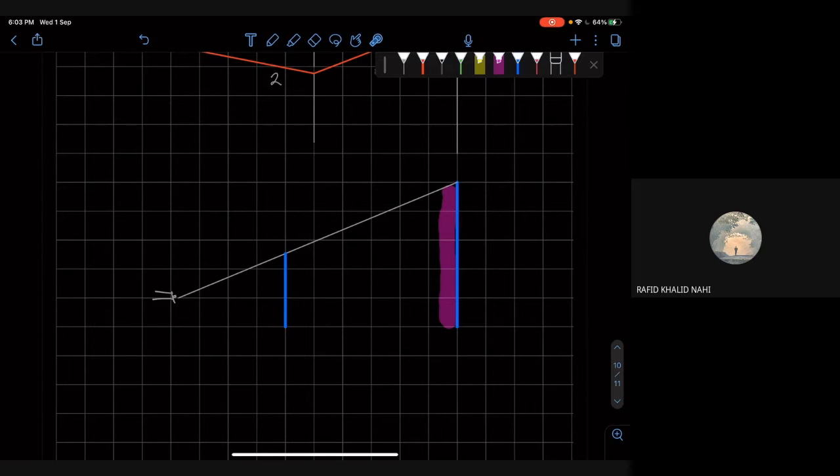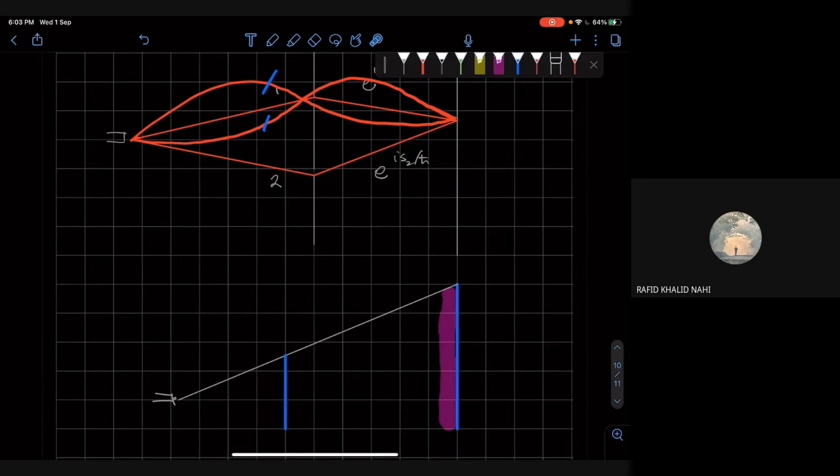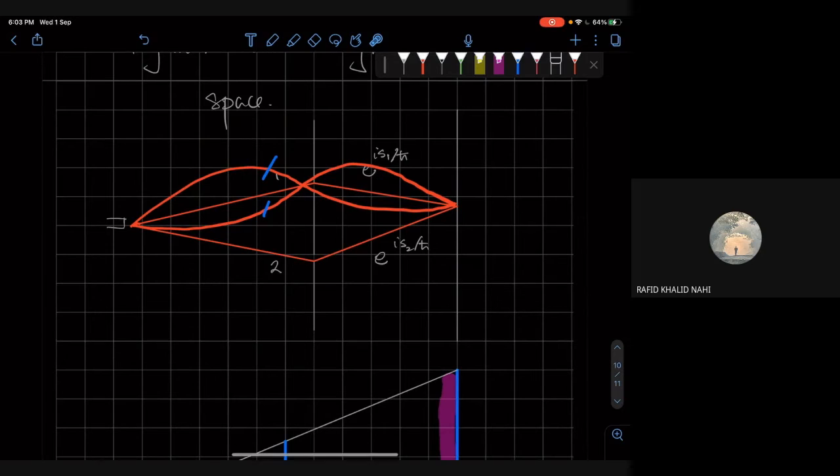But what if your source is so weak that you are emitting one particle at a time? In the previous case, suppose your electron gun is extremely weak, so that on average there's one electron at a time. You wait long enough, you will see the interference pattern forming here.